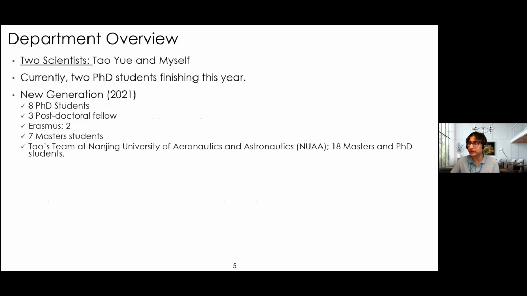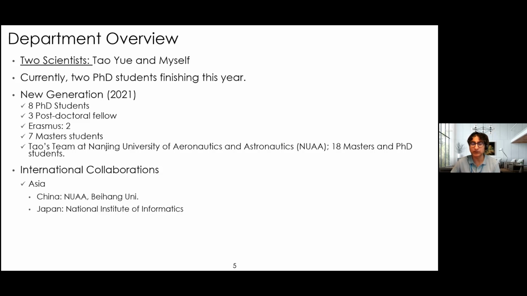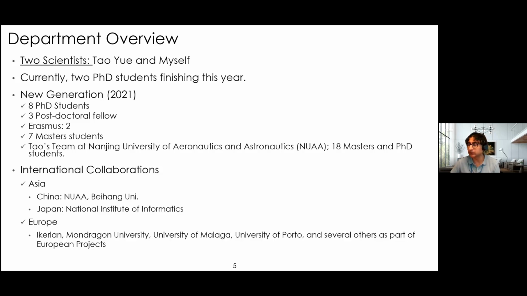Tao is also affiliated with Nanjing University of Aeronautics and Astronautics in China, so she also has quite a big team there. Together we are getting quite big in the different topics that I mentioned. We collaborate a lot in Asia, in China and also in Japan, and we have quite a bit of collaboration in Europe through European projects and also direct collaborations such as the University of Porto and so on.